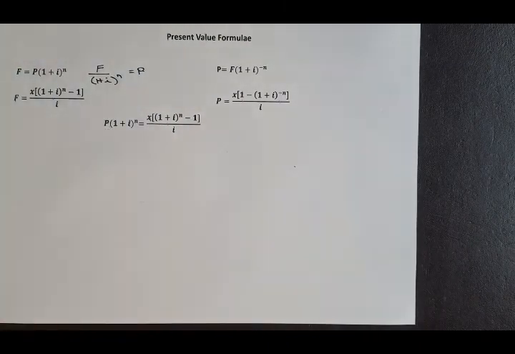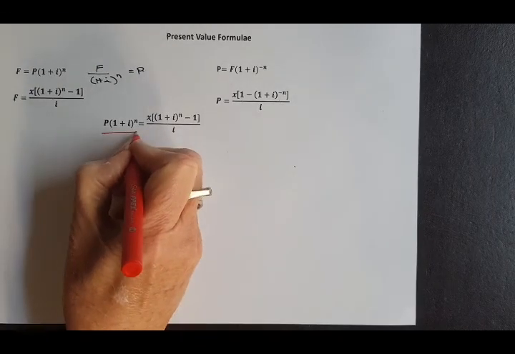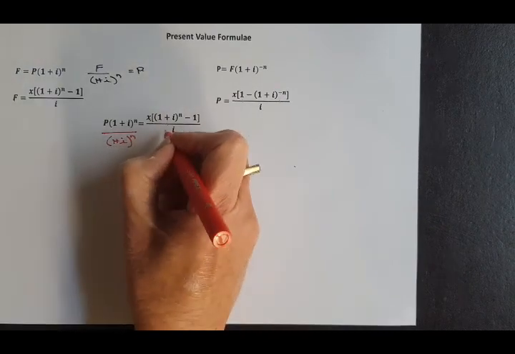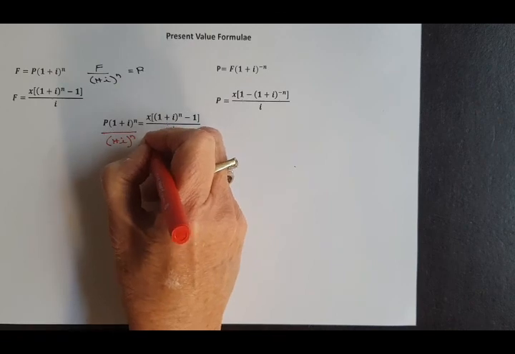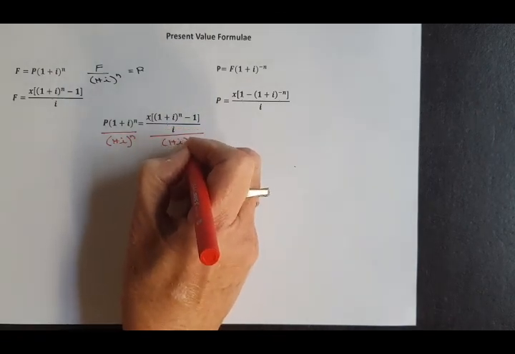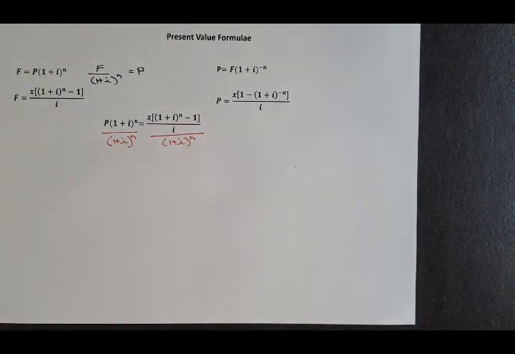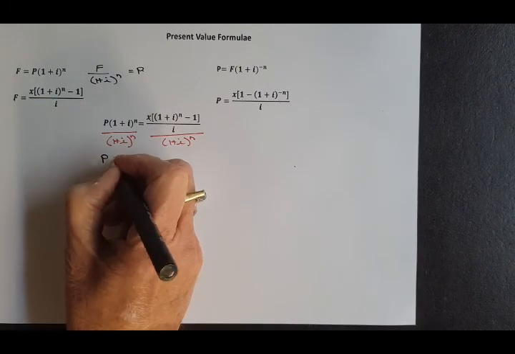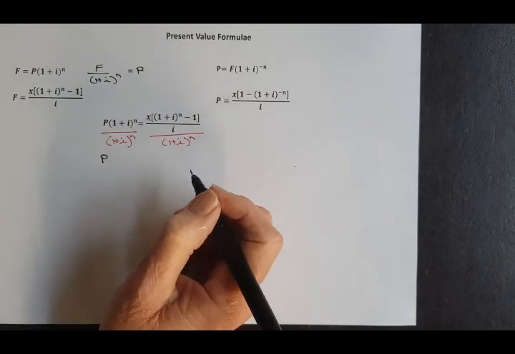If I take that equation and I divide both sides of this equation by (1 plus i) to the power of n, on this side over here then, I would just have the present value, the value of your original loan.